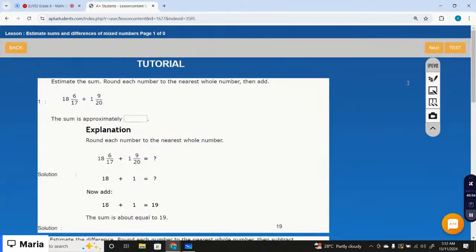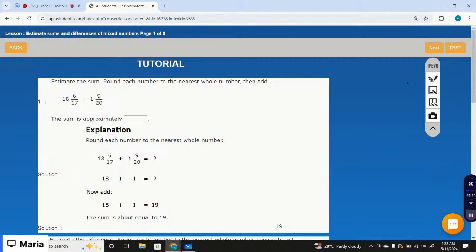Estimate the sum 18 whole 6 over 17 plus 1 whole 9 over 20. Look at 18 whole 6 over 17.